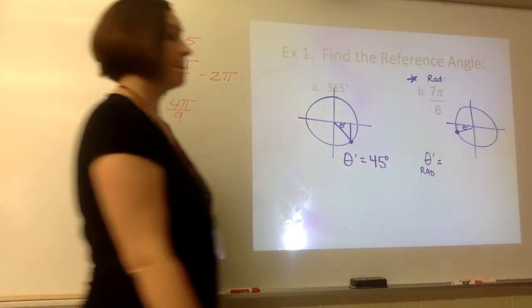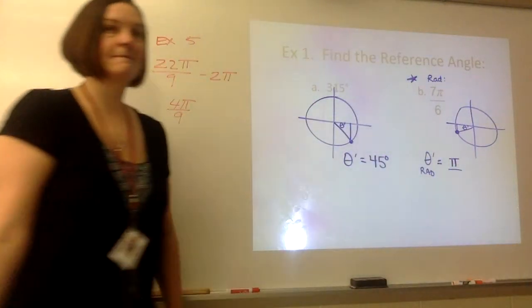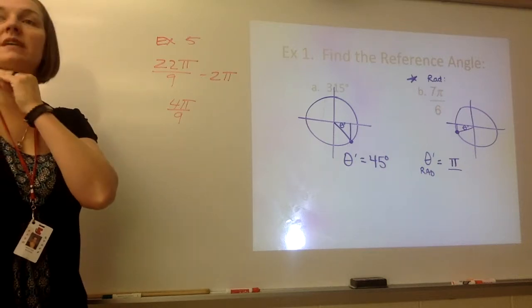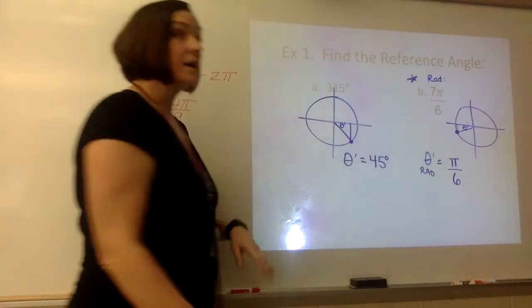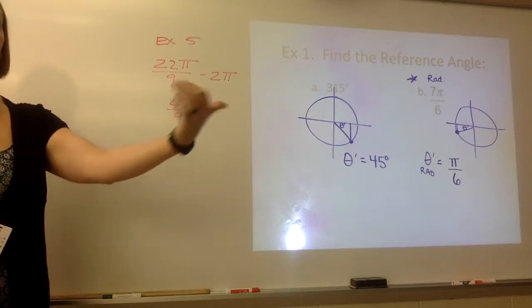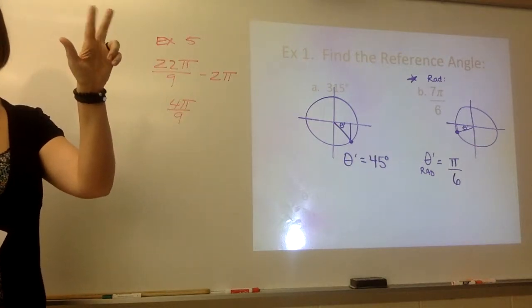Pi over what? Think of the arcs. I've got 7 pi over 6, yes. 1 pi over 6. So, big idea here is that if I give you radians, your answers are probably going to be pi over 3, pi over 4, or pi over 6. They're the only 3 choices.